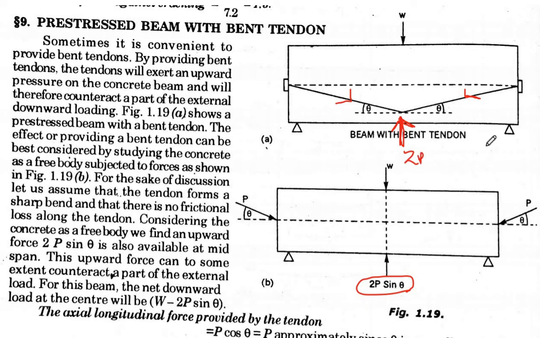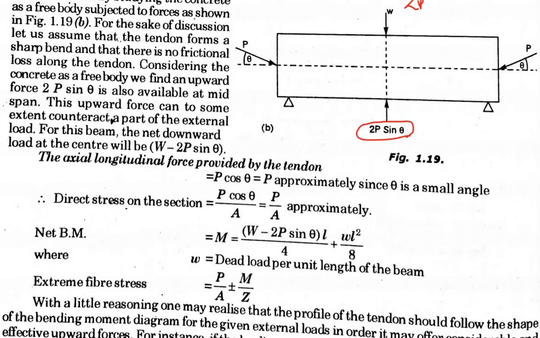Now we know that the axial longitudinal force provided by the tendon is P cos theta.